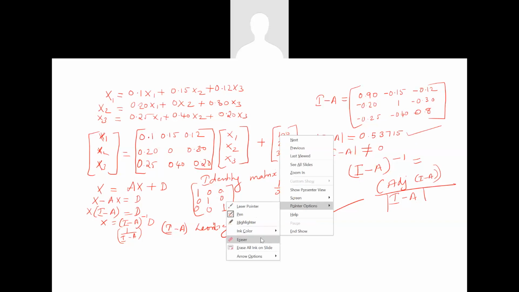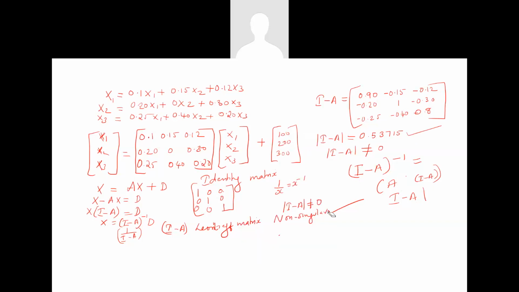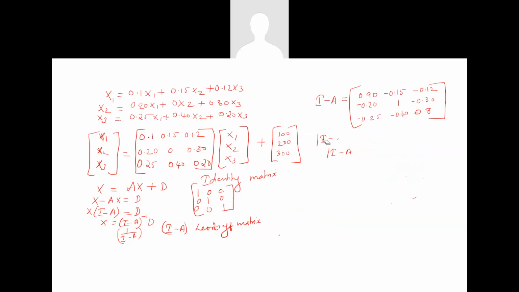Just a minute. Now let's calculate the adjoint. Let me erase this, because to calculate the adjoint, first of all you need to calculate the cofactor matrix. So for finding the cofactor matrix, first you have to find the minor for each of these values.